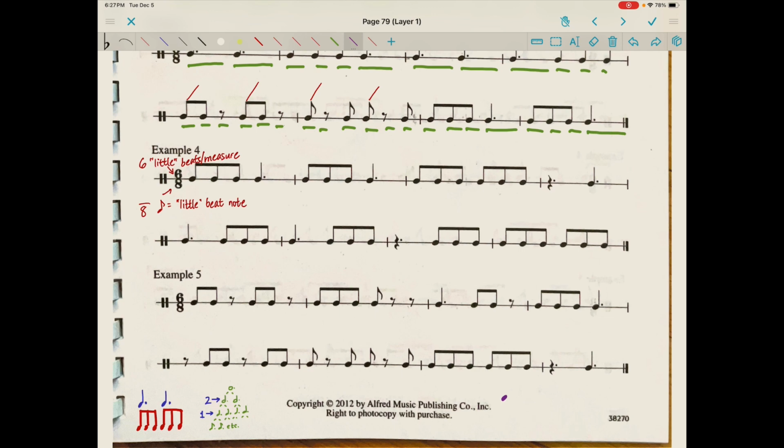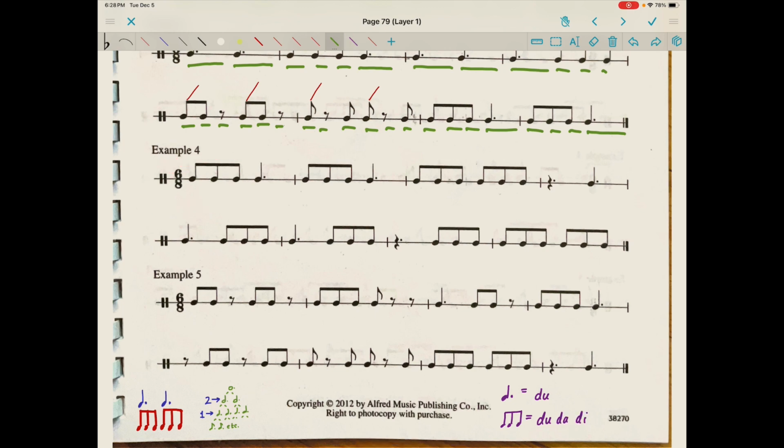Since our dotted quarter note is equivalent to 1 big beat in 6/8 time, we will call our dotted quarter notes do, and because our undotted 8th notes are worth just 1/3 of a beat each, we will use the Gordon rhythm syllables of do, da, di to represent those notes.